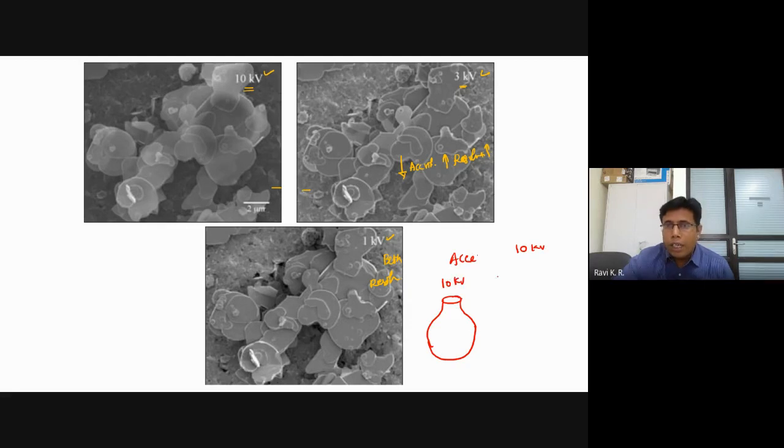Now if I decrease it to 3 kV, my beam diameter is coming down and the interaction volume is also decreasing. Suppose we decrease it further to 1 kV, so what can happen?